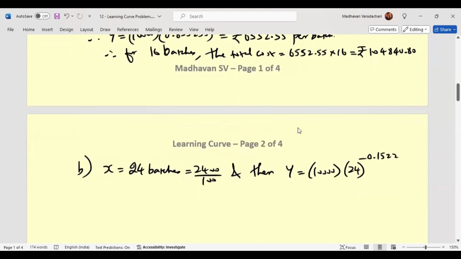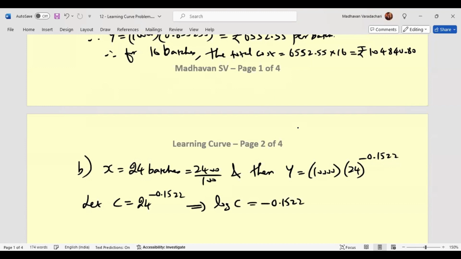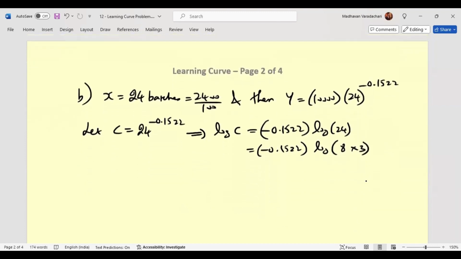Now let us consider 24 to the power of negative 0.1522 as C, which means logarithm of C will be negative 0.1522 times logarithm of 24. That is nothing but logarithm of 8 into 3. 8 is nothing but 2 cube.